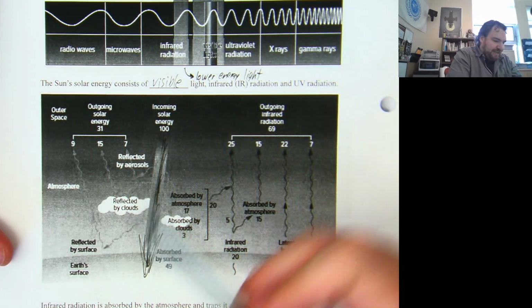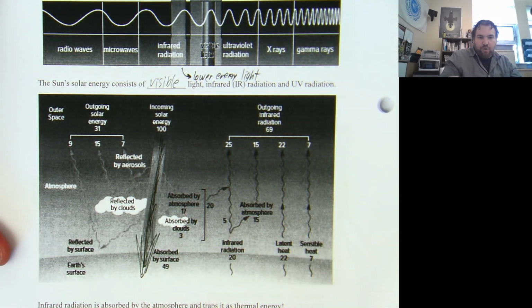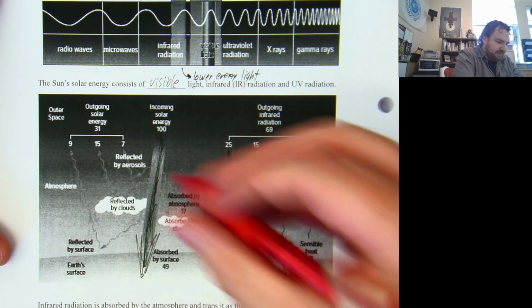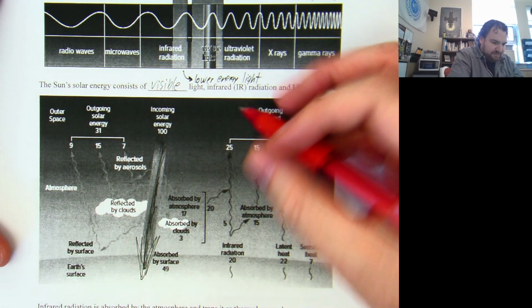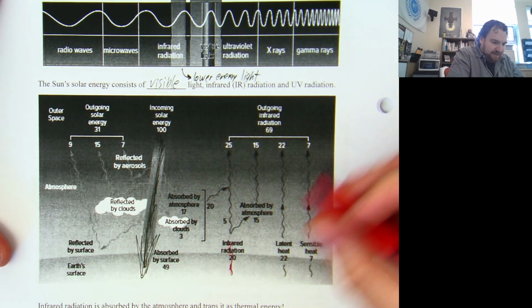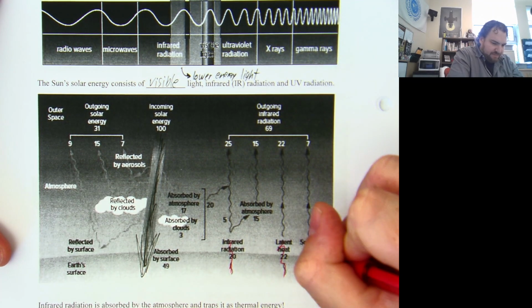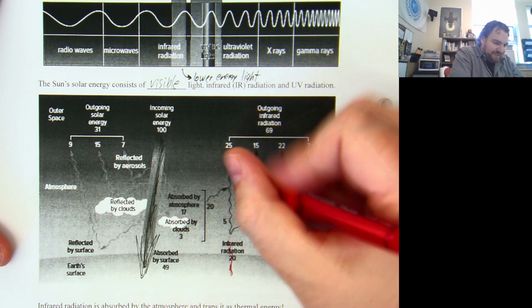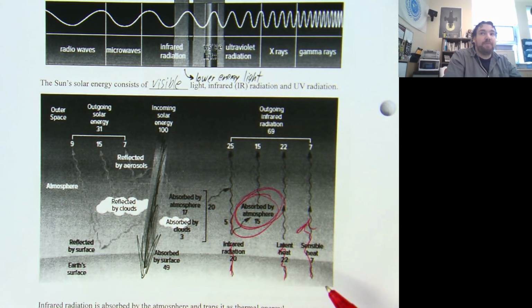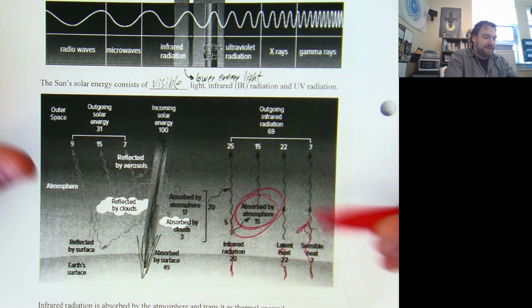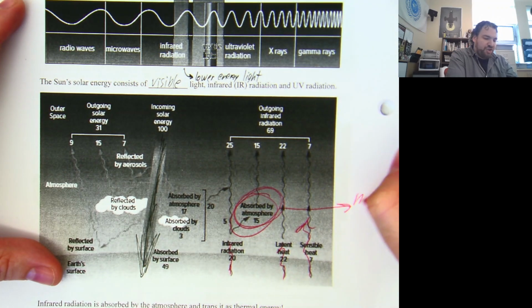So as it gets emitted, it gets absorbed, this section right here, it gets absorbed by our atmosphere. Now the Earth would do this on its own anyway. But we've pumped a bunch of extra stuff into the atmosphere, and that makes this happen more than it should.